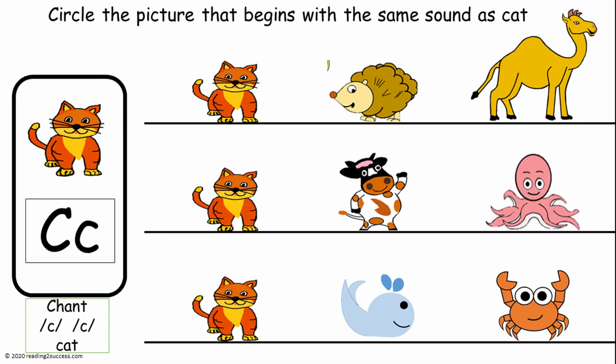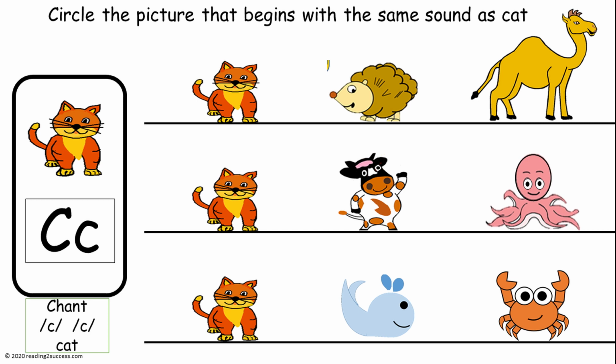Remind kids that in this type of activity, they circle the picture that begins with the same sound as k, k, cat. Before they start, go over the words with them so that they know what they have to circle or not circle. So in the first row, we have a porcupine and a camel.